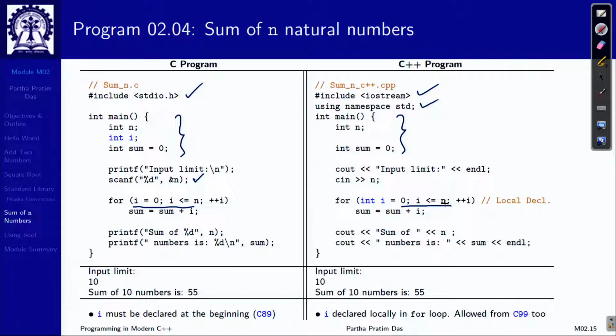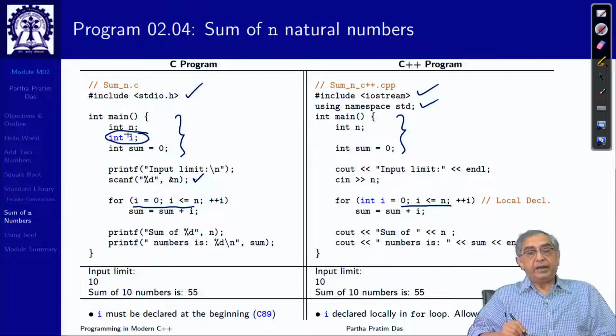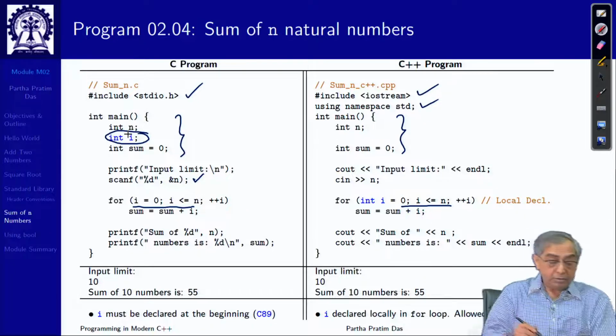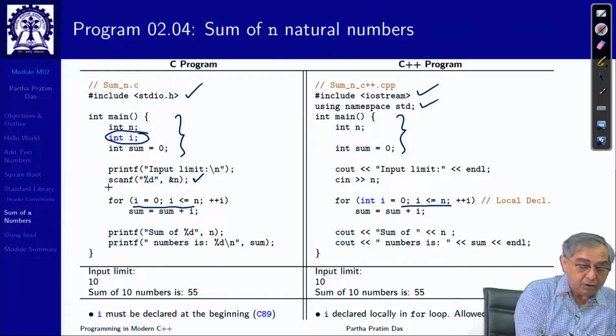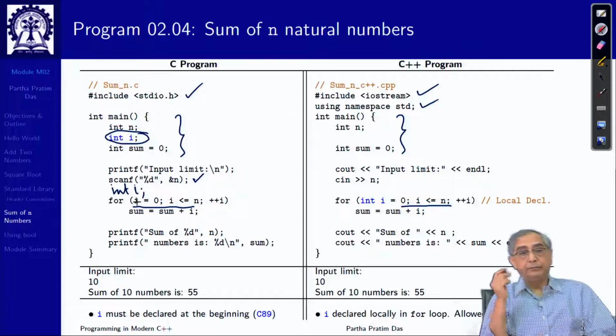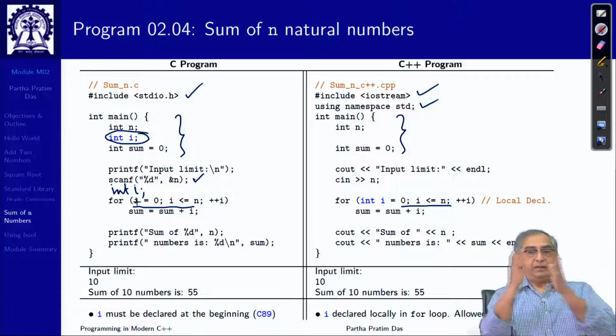The feature that I want to highlight is, if you are writing it in C, you will have to declare int i here, if you are doing K&R, or you can declare it somewhere here, int i, if you are using C89 or later.